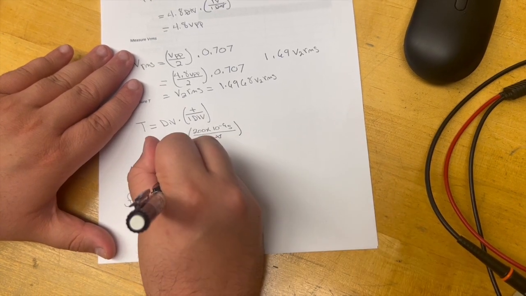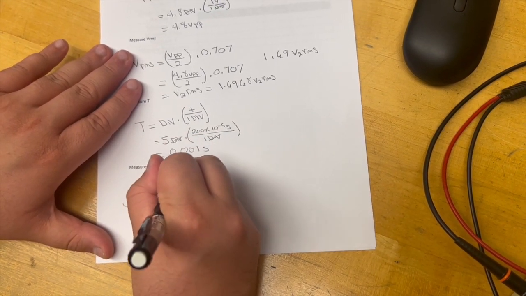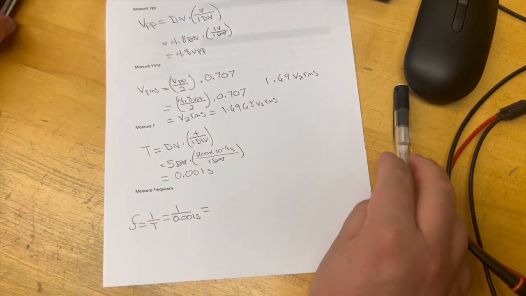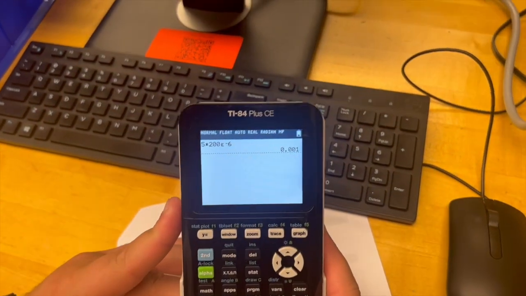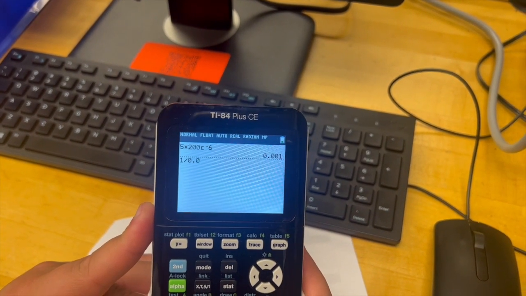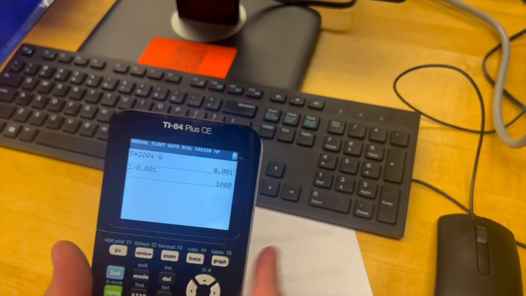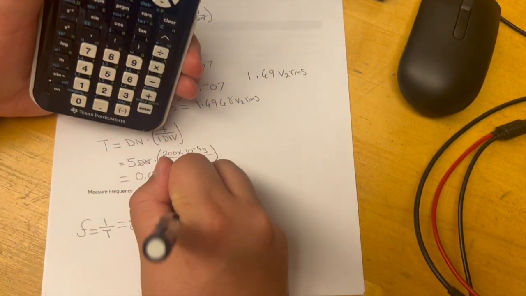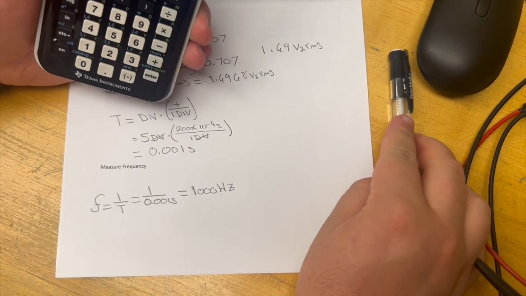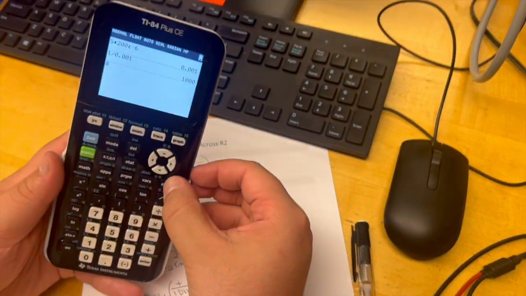Like we already recalled, the time we have is 0.001 seconds. I'm gonna plug that right into our calculator here. So 1 divided by 0.001 equals 1,000 hertz. Right? And that's gonna be it.